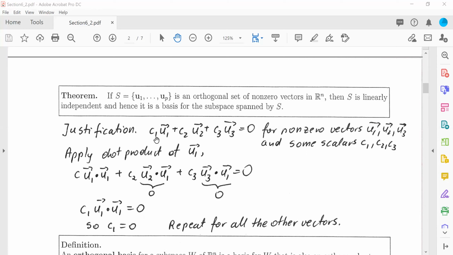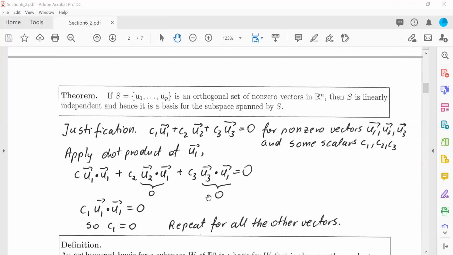So if I consider this equation and apply the dot product with u1, in other words, I'm multiplying the left side by u1 and the right side by u1, then we can distribute the dot product. So we have C1 u1 dot u1, C2 u2 dot u1, C3 u3 dot u1, and 0 dot u1 is 0.